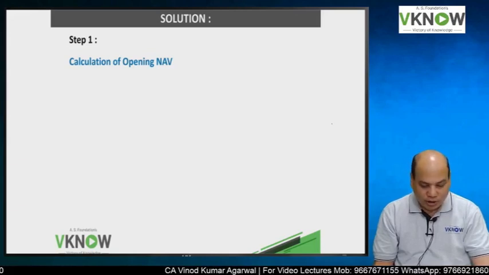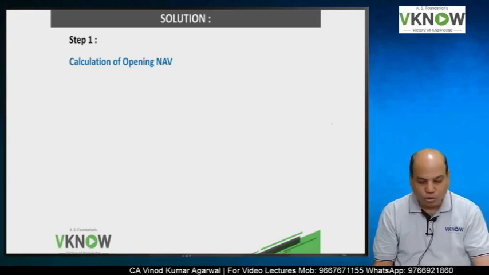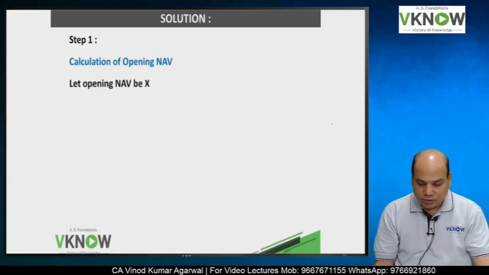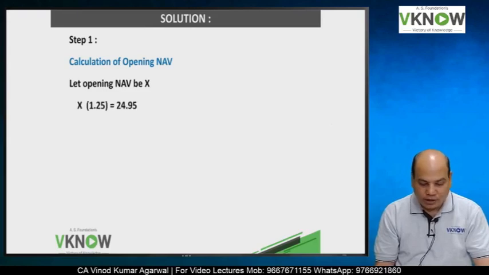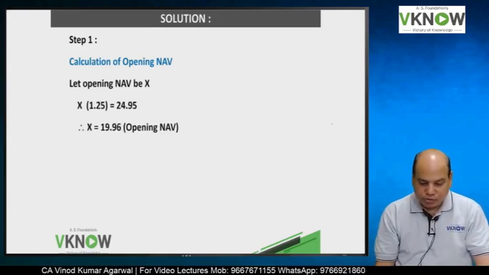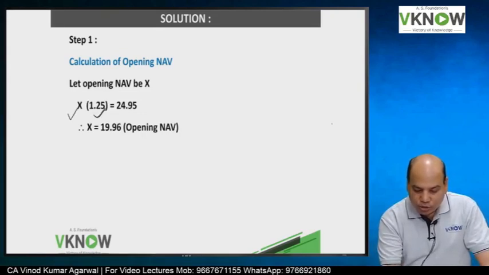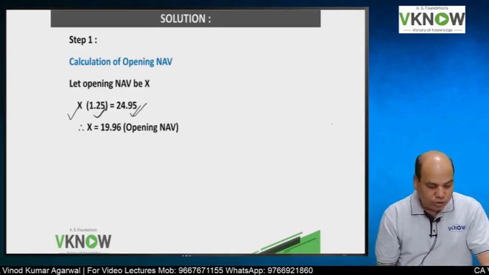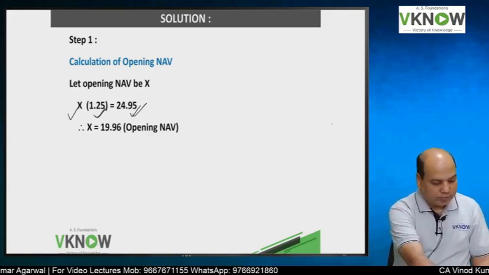Please try. Opening NAV plus 25% appreciation is equal to closing NAV. So let the opening NAV be X. Mehul Garg has replied, let me check. So the equation will be X into 1.25 is equal to 24.95. Correct?